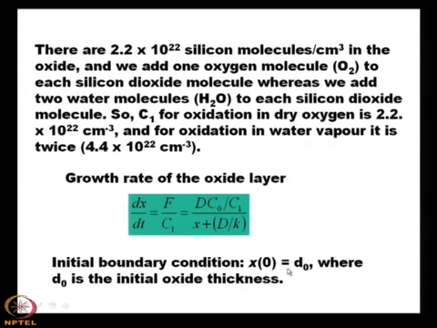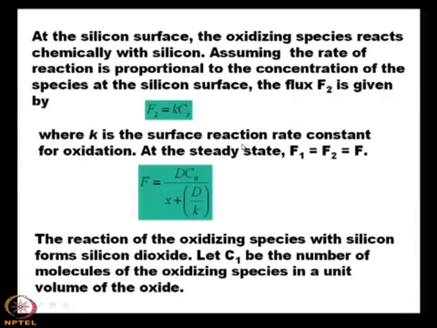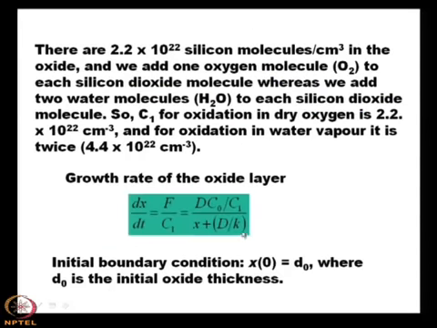The initial boundary condition is that at t equals 0, there is already an initial oxide thickness, that we have shown here also. This oxide thickness can be a result of earlier oxidation or pre-oxidation, or in dry oxide conditions we know that there is already an oxide layer formed at the surface of the silicon wafer.